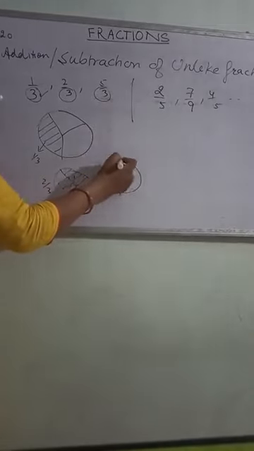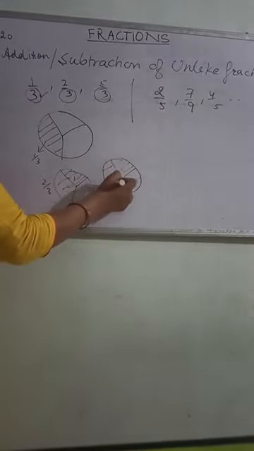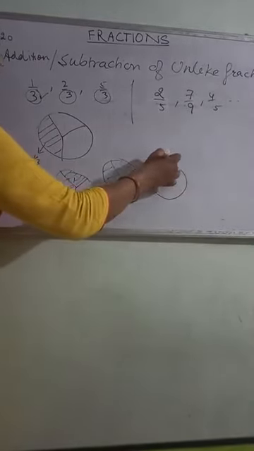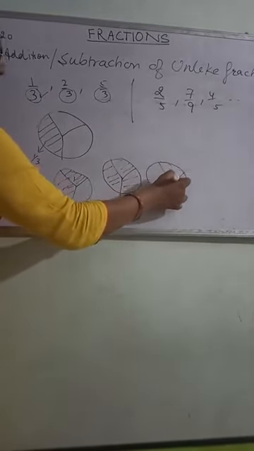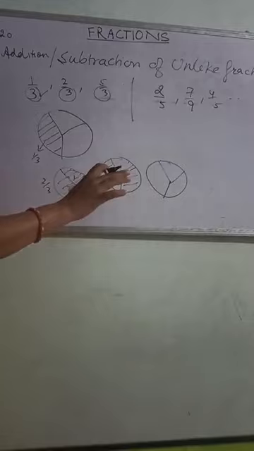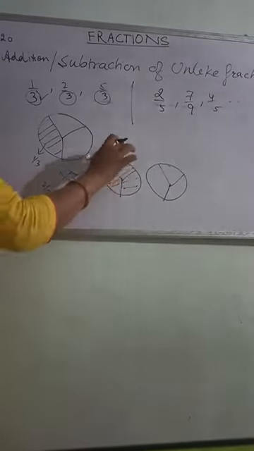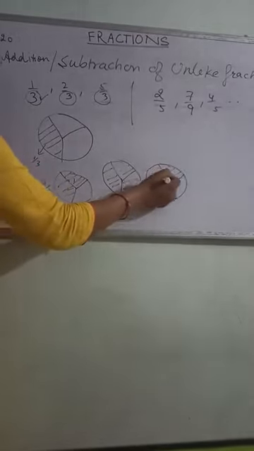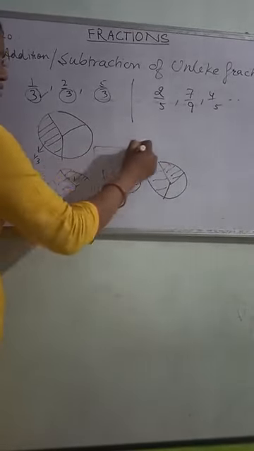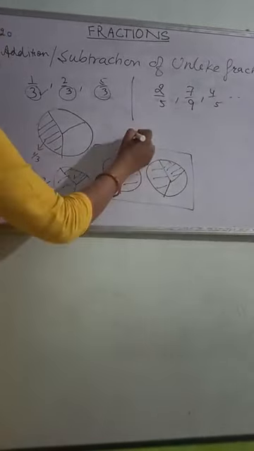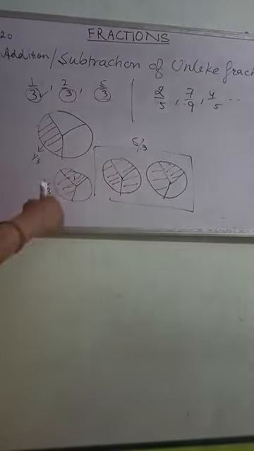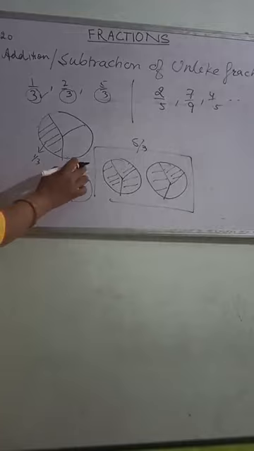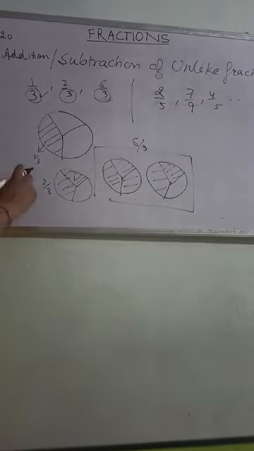So it is 3 complete I have taken, and of the same type of thing, again I have divided it into 3 equal parts only, not more than that. So 3 here and 2 over again here. So this total becomes 5 by 3. Right. So this is the concept of the like fraction.